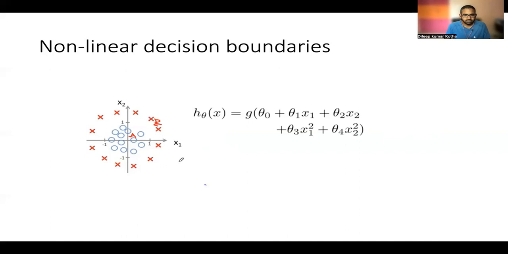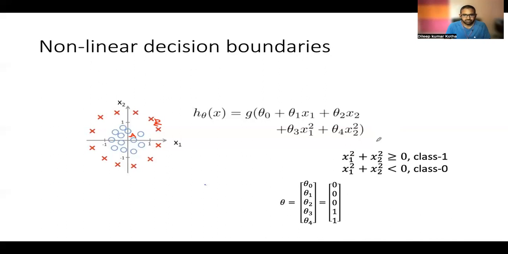So for that, say we got the results of theta. How we derive theta, we'll see in later videos. But let's say we derived theta and got values where theta 0 till theta 2 are all zeros, and theta 3 and theta 4 are ones. Now this will give us x1 square plus x2 square.